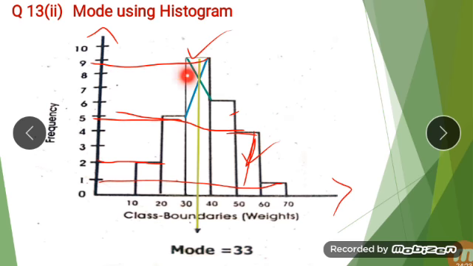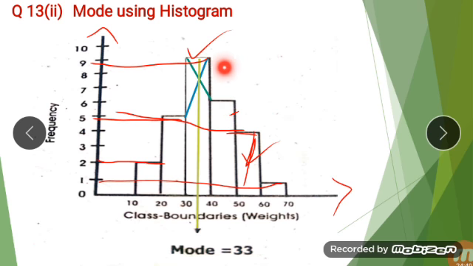This is the top left corner of the rectangle. We have to draw a line segment and touch it to the top left corner of the succeeding rectangle. This is the succeeding rectangle, so this green line you can see, it has been taken from the top left corner, and it has touched the top left corner of the succeeding rectangle.